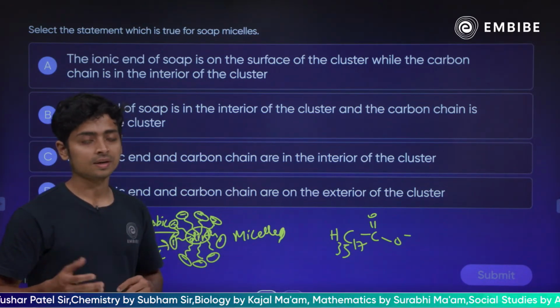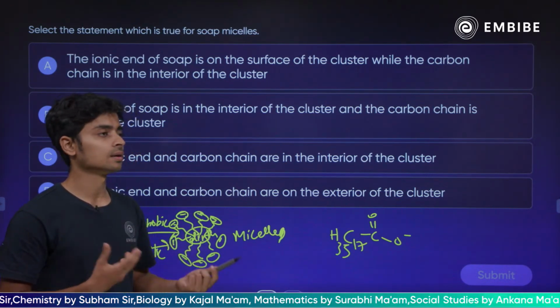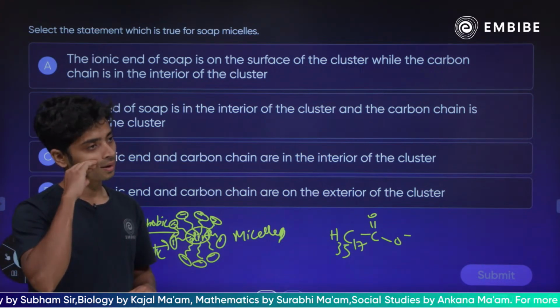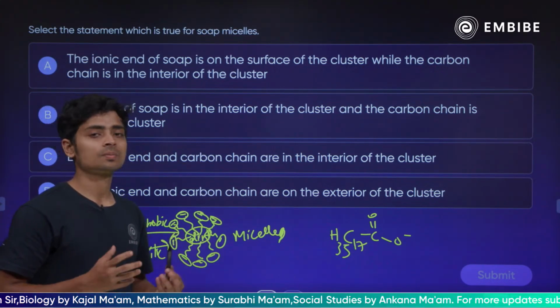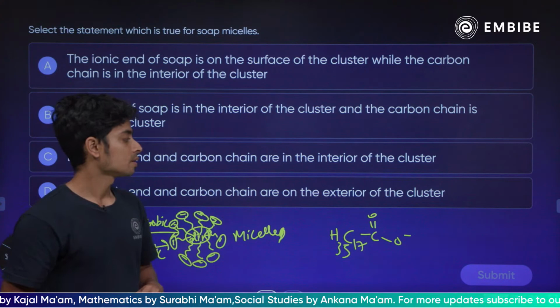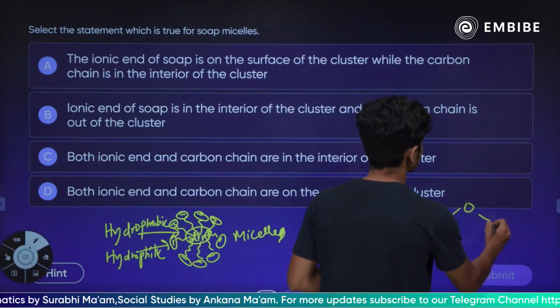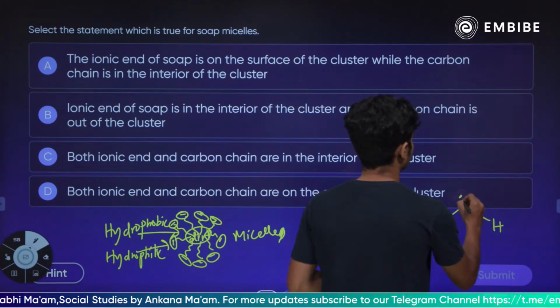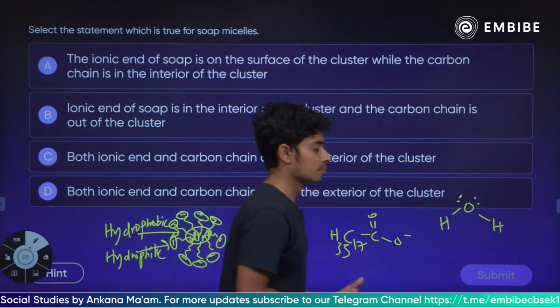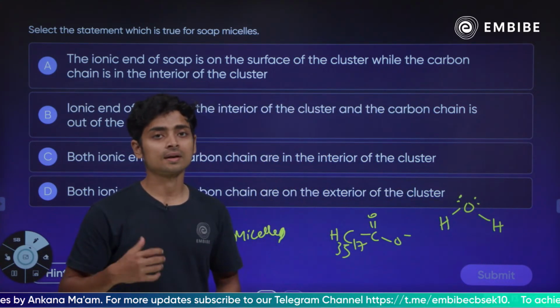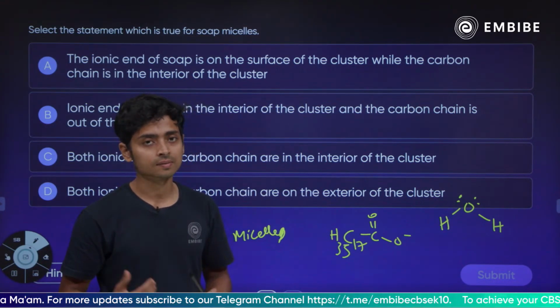because of polarity. You will learn this concept later. Water has some partial charges in it. Water is HOH, and oxygen is an electronegative element. Electronegative means it attracts the shared pair of electrons towards itself in a covalent bond.